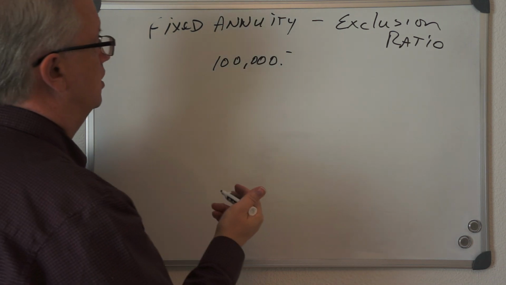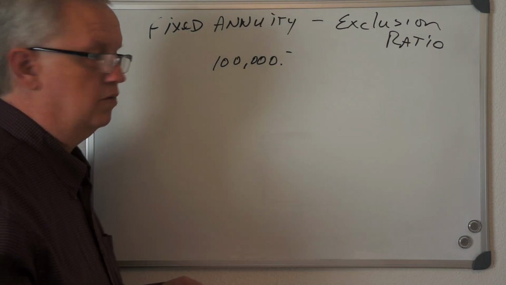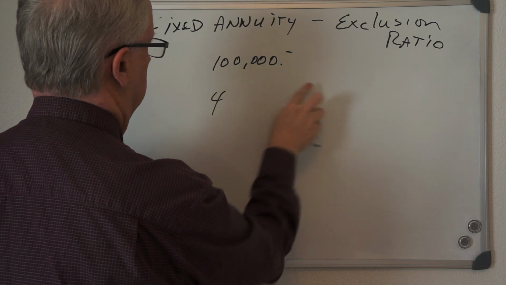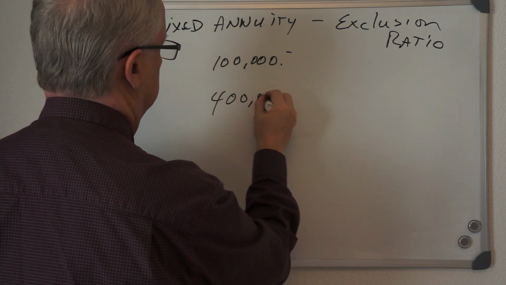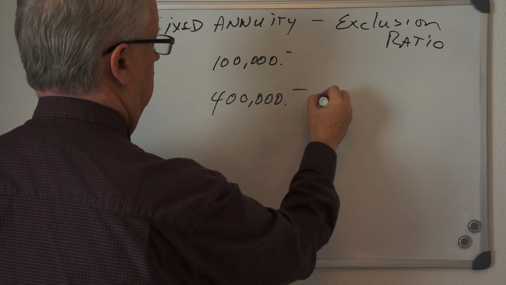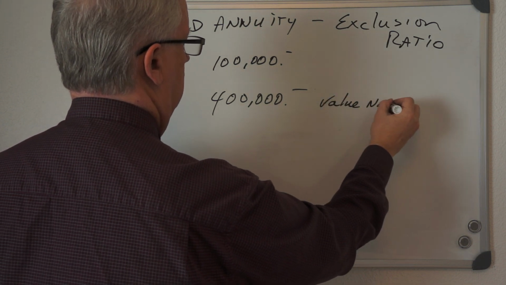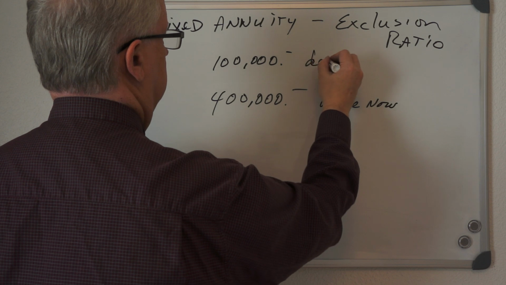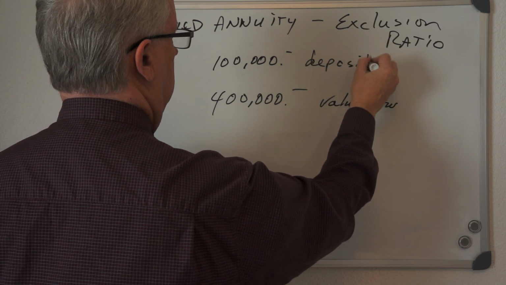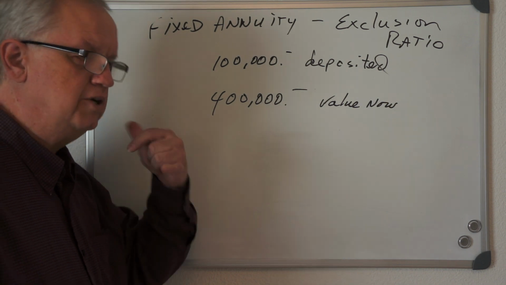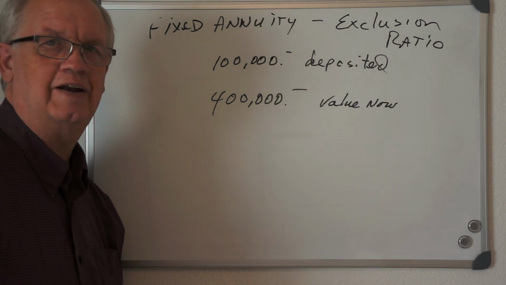Now, let's say you're just going to take a withdrawal, and let's say it grew to $400,000. Value now. Deposited. You call me up and you say, hey Greg, I want $50,000 out of my annuity.